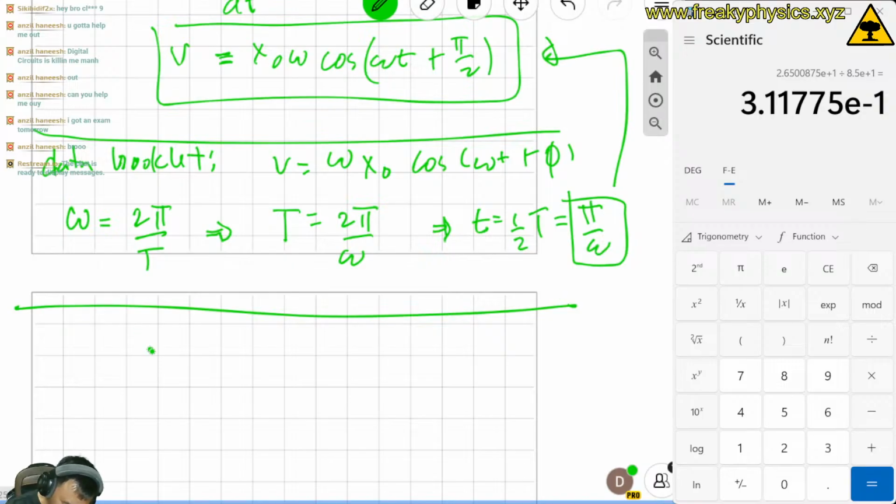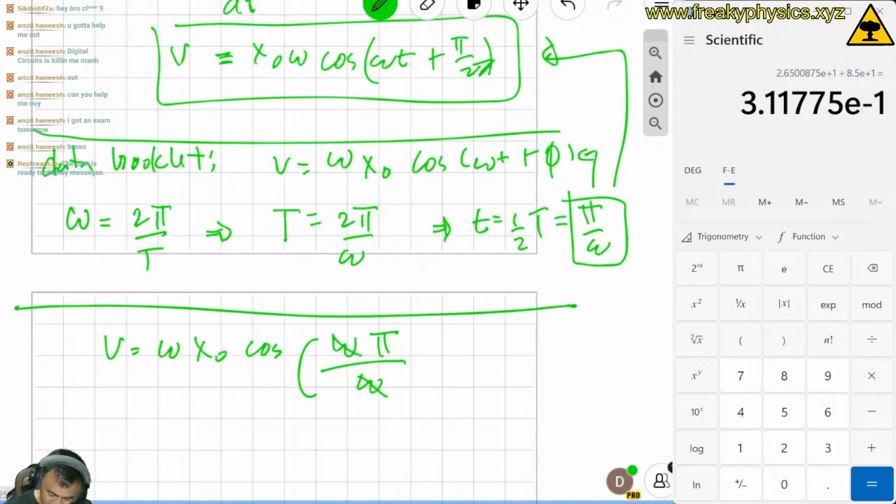Let's just use it here straight away. So the velocity will be equal to omega x0 cosine of omega times our time, pi over omega, which cancels out, plus pi over 2. So we just solved that straight away. What's omega x0 cosine of 3 pi over 2? What's the cosine of 3 pi over 2?